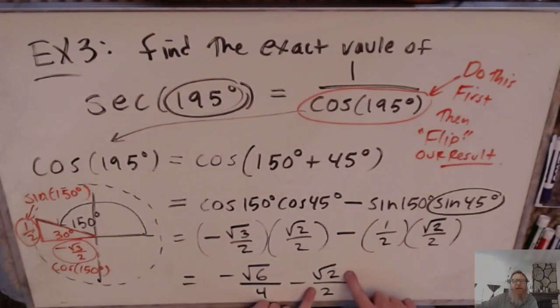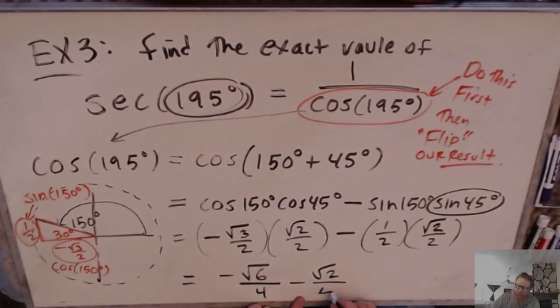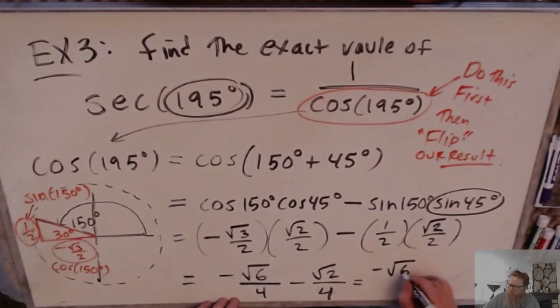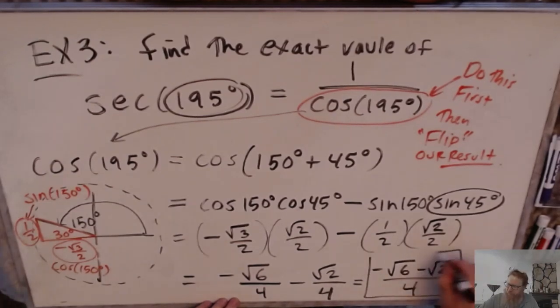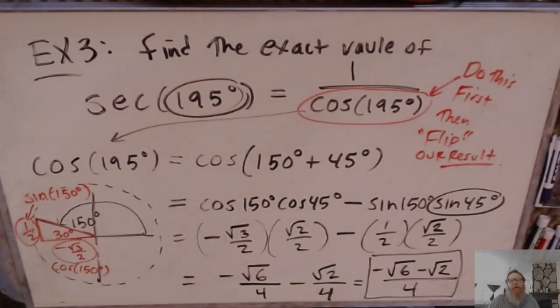So this is the correct answer. Both denominators are over 4. So we typically just write it like this, all over 4. They are both negative. So that's the cosine of 195 degrees.